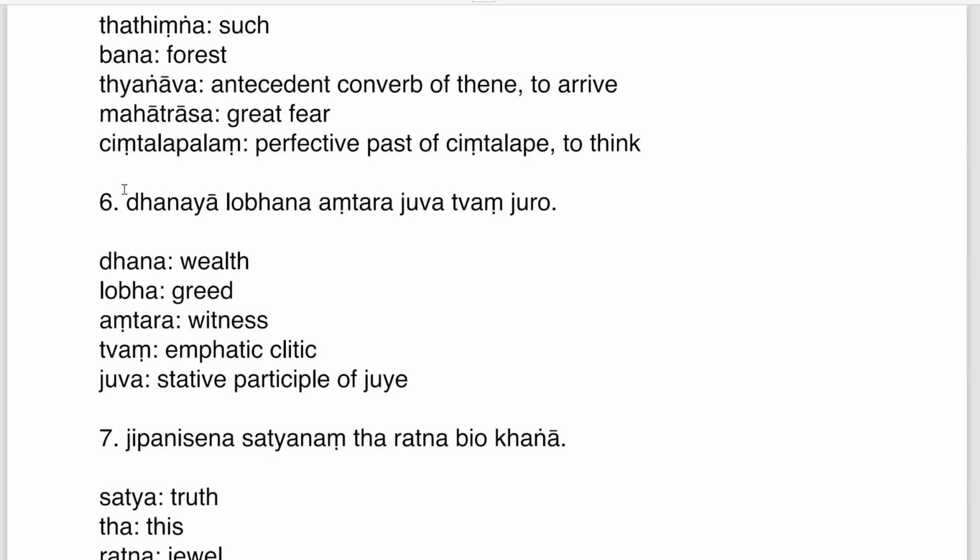Dhanaya is wealth plus genitive. So dhanaya loha is greed. Greed of wealth or greed for wealth. And the na is here, so instrumental, with or for the greed for wealth. Amtara is witness, Jua one juro.